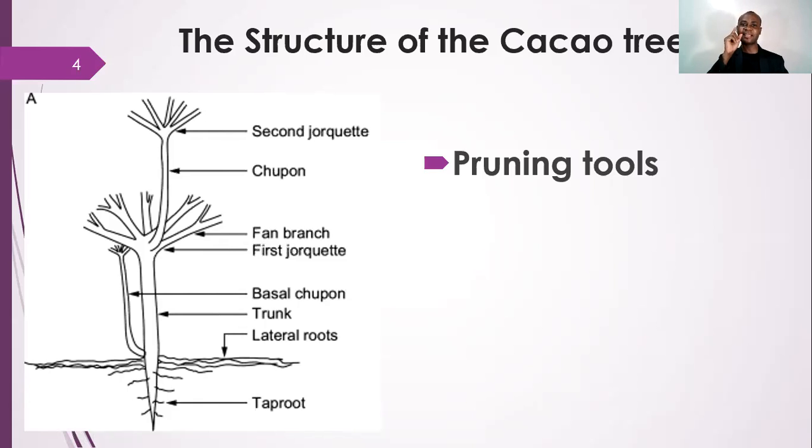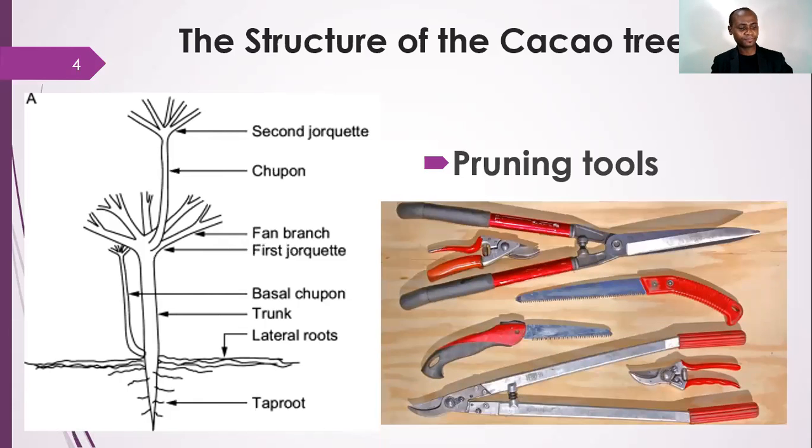The best is a single stem, which means that you need to really train the trees. You have to train them very well. If you don't train the trees very well, your yield is going to be affected.